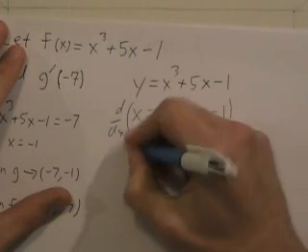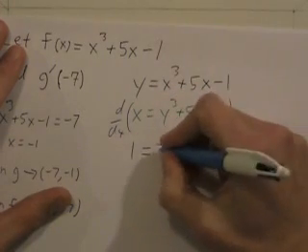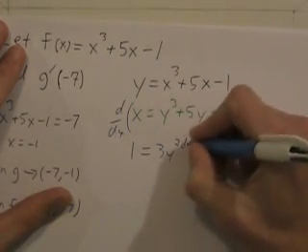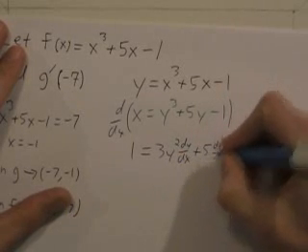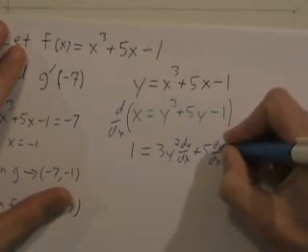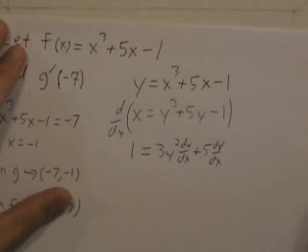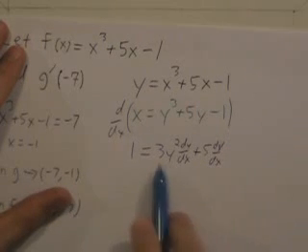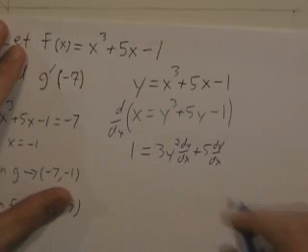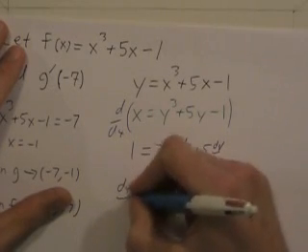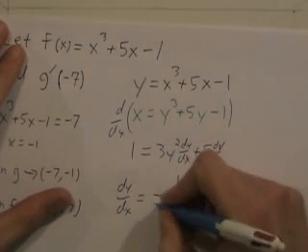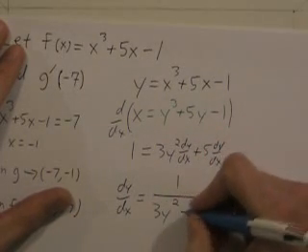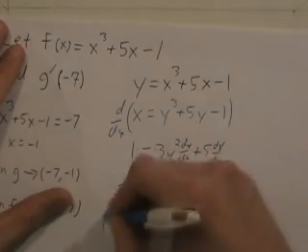The derivative of x is 1 equals 3y squared dy dx plus 5 dy dx. Factor out a dy dx and divide through by 3y squared plus 5, and you get dy dx equals 1 over 3y squared plus 5.